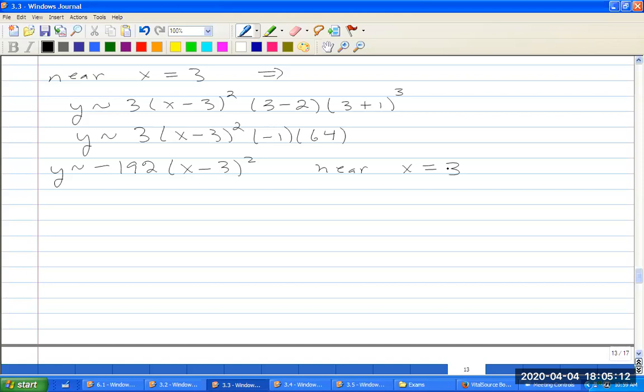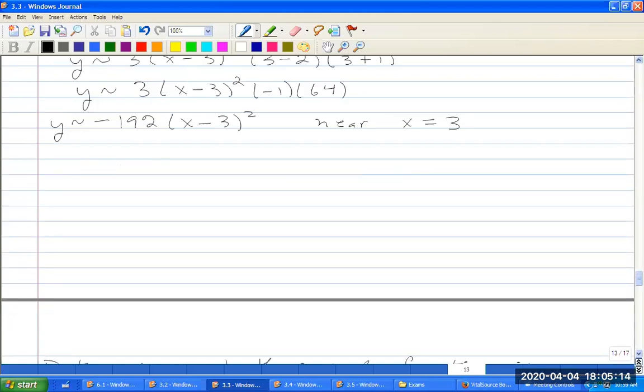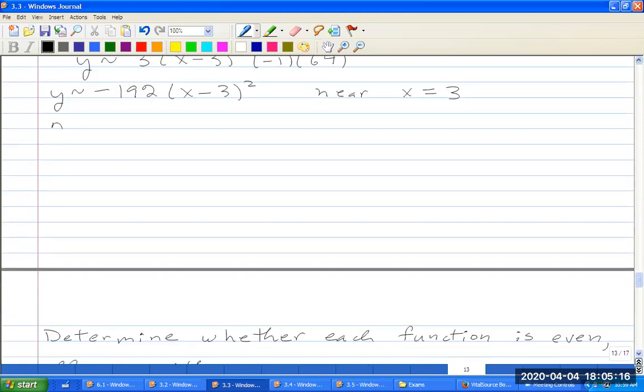Let's do 2. So near x equal 2, we have y is asymptotic to, plug in 2. If I plug in 2, I'll get 0, so let's leave this as x minus 2.